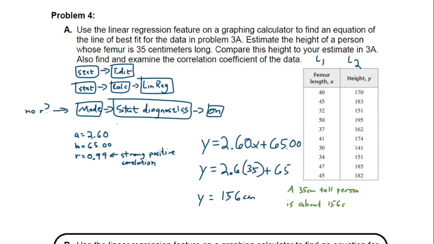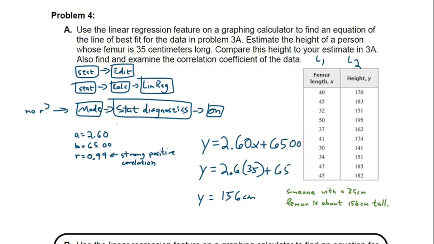I totally screwed that up. It's not a 35 centimeter tall person. It's someone with a 35 centimeter femur is about 156 centimeters tall. Okay, so that answers the first question.